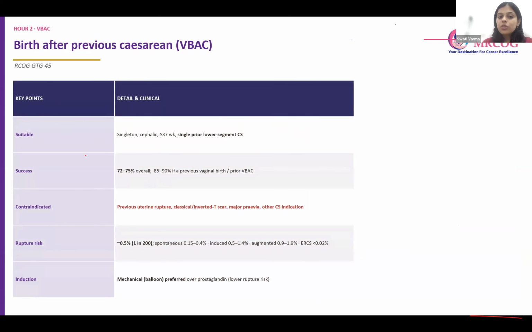Very important: the overall success rate is 72 to 75%. This percentage is very, very important, often asked in exams. However, if she has had a previous vaginal birth or prior VBAC, then her chances will increase from 75 to 85%. So these two percentages are very important.